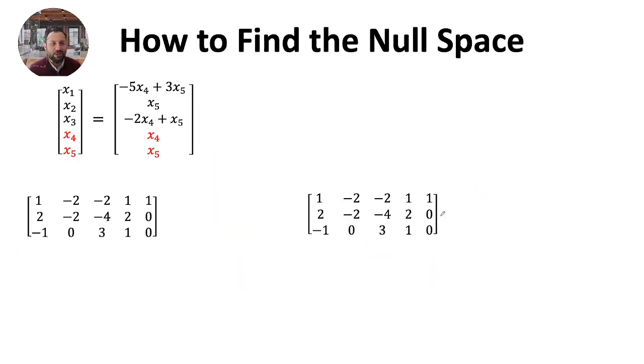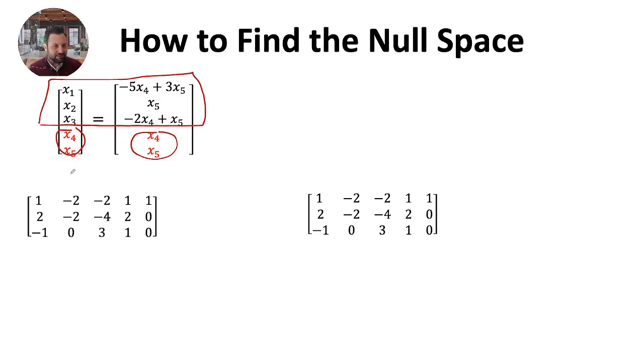So I'm going to rewrite this, appending x4, x5 at the end. This x1, x2, x3 is what I found from the Ax equals 0 equation.